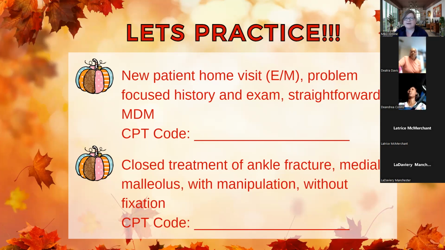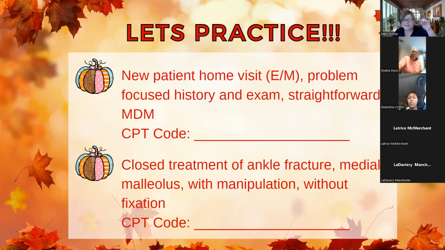And they start at, I think, 92011, and that code's not even used anymore. But I think that's a new patient office visit, 92011, if I remember correctly, right off the top of my head. And they go 92011, 92012, 92013, and 14, and I think all the way to 15.